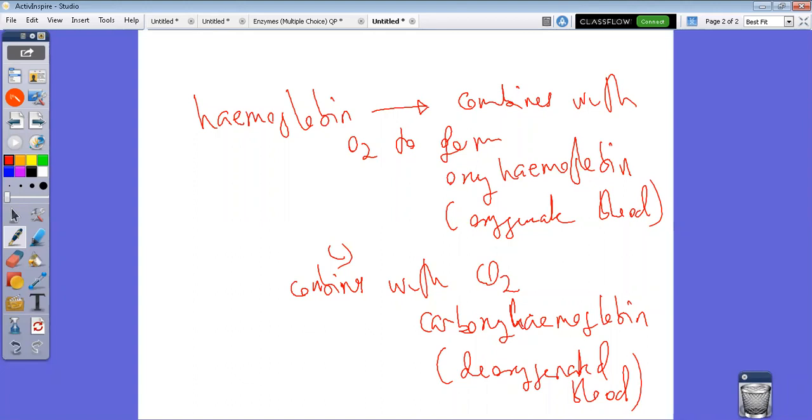Which part exactly? When the blood reaches the body cells, the oxyhemoglobin is easily split into oxygen and hemoglobin again.